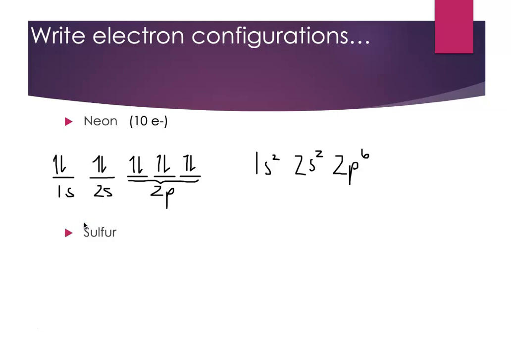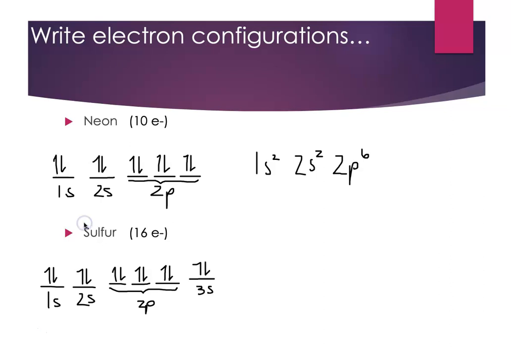For sulfur, we can go beyond into period 3 and continue the same process, with 16 electrons. We're going to start off with 1s2, 2s2, 2p6. All right, that's 10 electrons. We can do 3s2. That gives us a total of 12 electrons represented so far. And our last 4 electrons would have to go into the 3p sublevel, which of course has 3 orbitals in it.